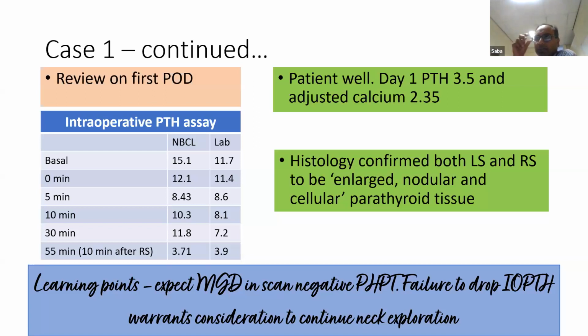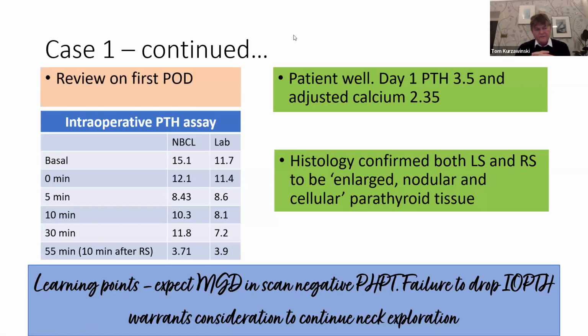So if I've seen a big gland on one side, then we excise that particular gland with IOPTH before and after, see what happens with the drop, and then proceed only if we have to. Does that make sense? I don't know how much neck manipulation upsets the PTH levels. So I guess that's a question for you.